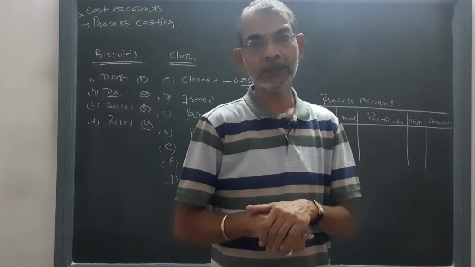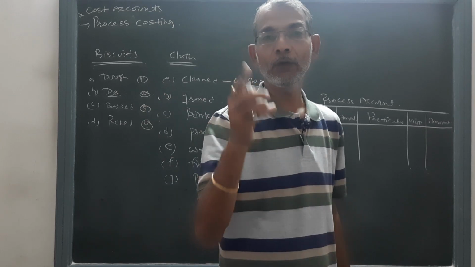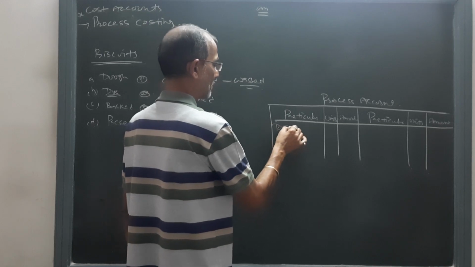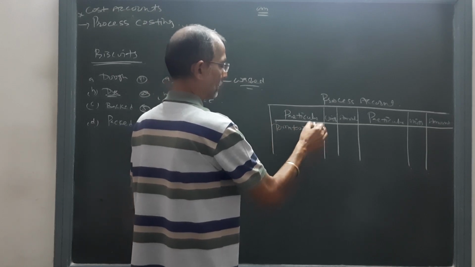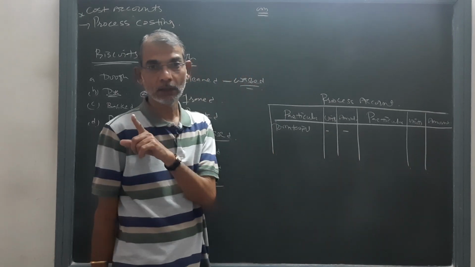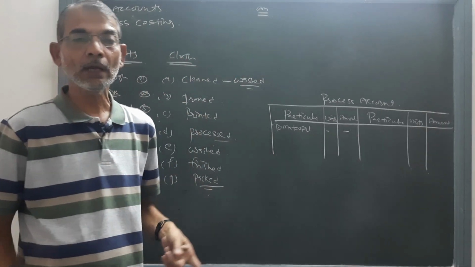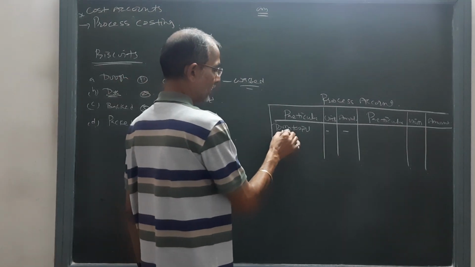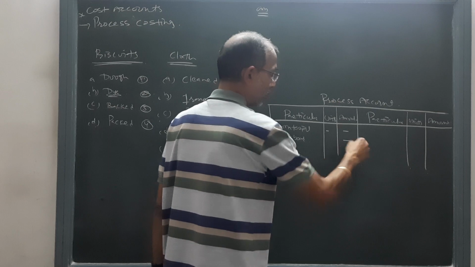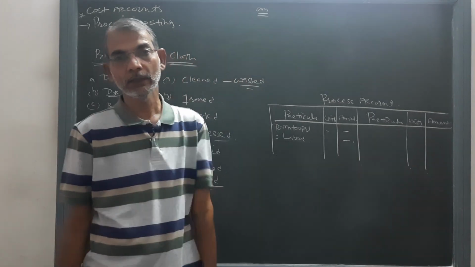Now on the debit side what will come? To manufacture anything, first of all we need raw material. How many units are introduced, at what price, will be written. Then after labor is needed, the amount of that also is written on the debit side.